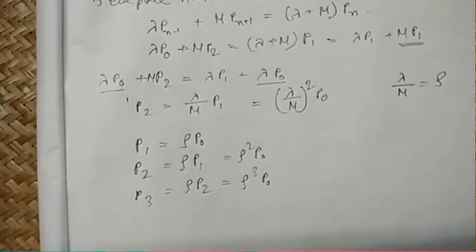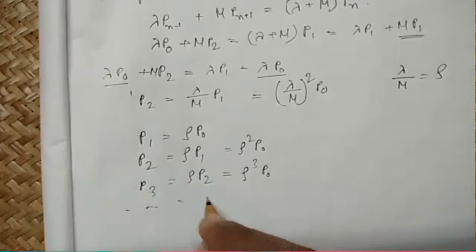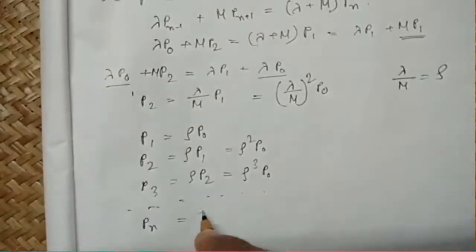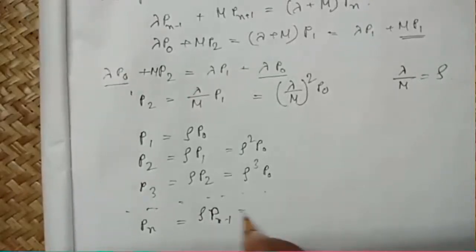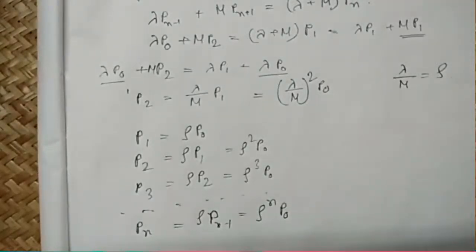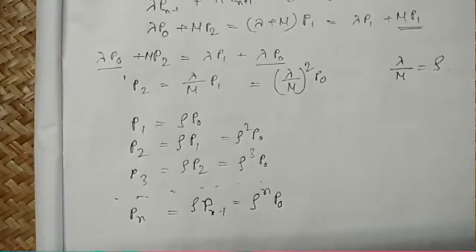This is the way it will advance, and Pn can be written as rho into Pn minus 1 or rho to the power n into P0. So if you can get P0, then you can get Pn if n is a known quantity.